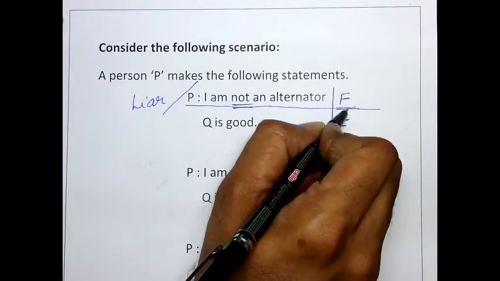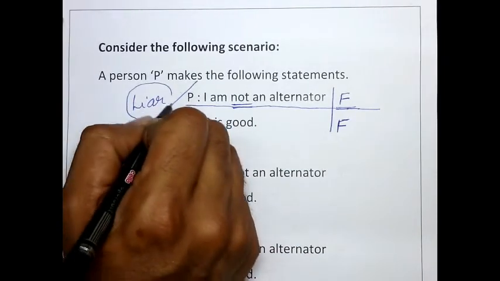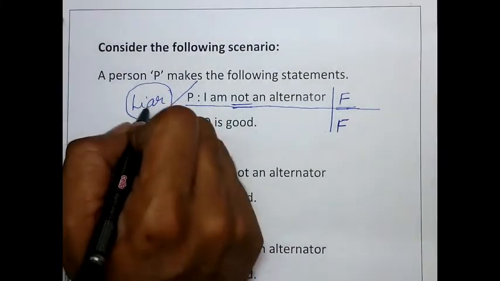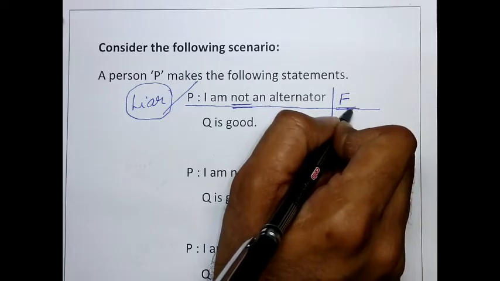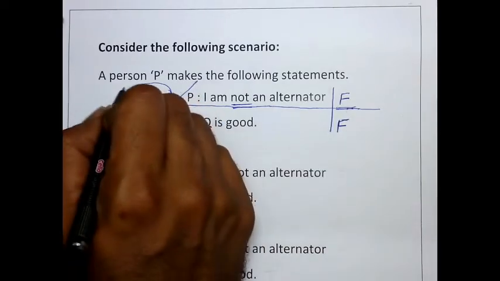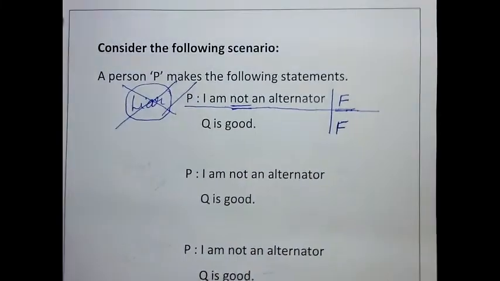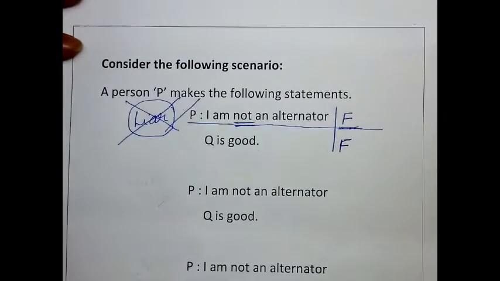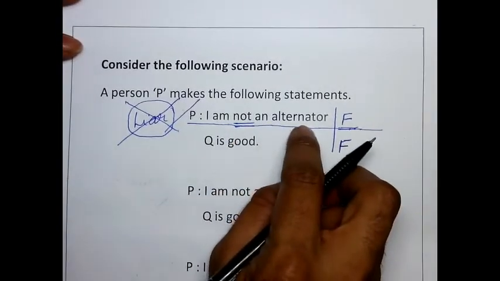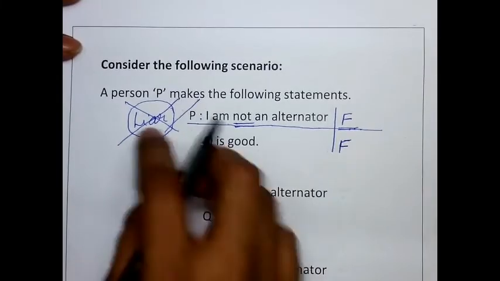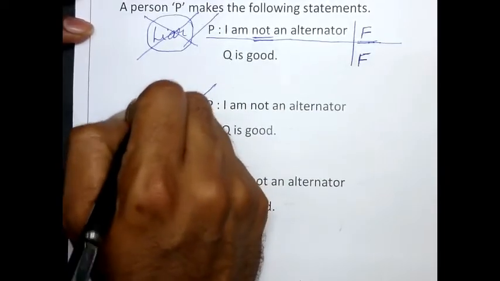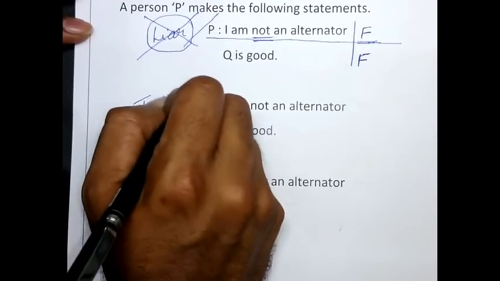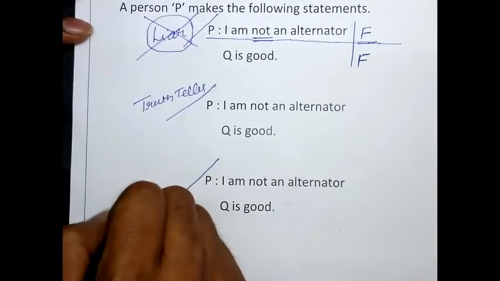But P is assumed to be a liar. Assumption and statement point to two different, logically conflicting situations, which means that this assumption is wrong. A person who declares I am not an alternator can never be a liar. But he may be a truth teller, or he may be an alternator.